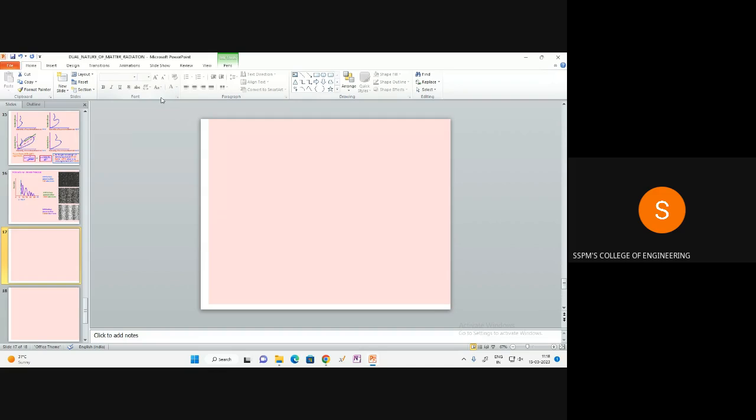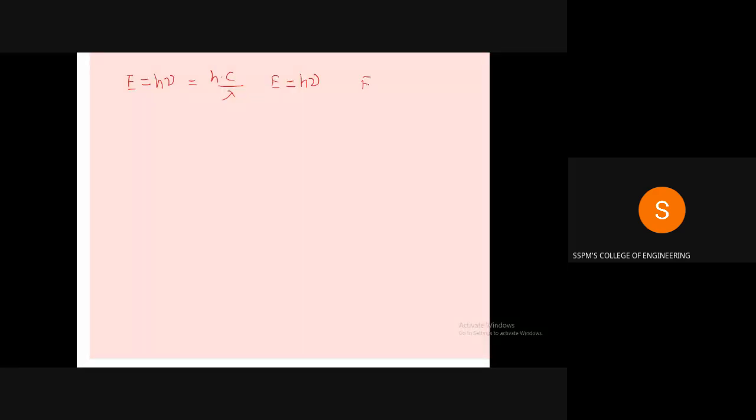The first one, that E equals to h nu, E equals to h into c upon lambda, E equals to h nu for single photon, E equals to n h nu for large number of photons, then E equals to mc square.